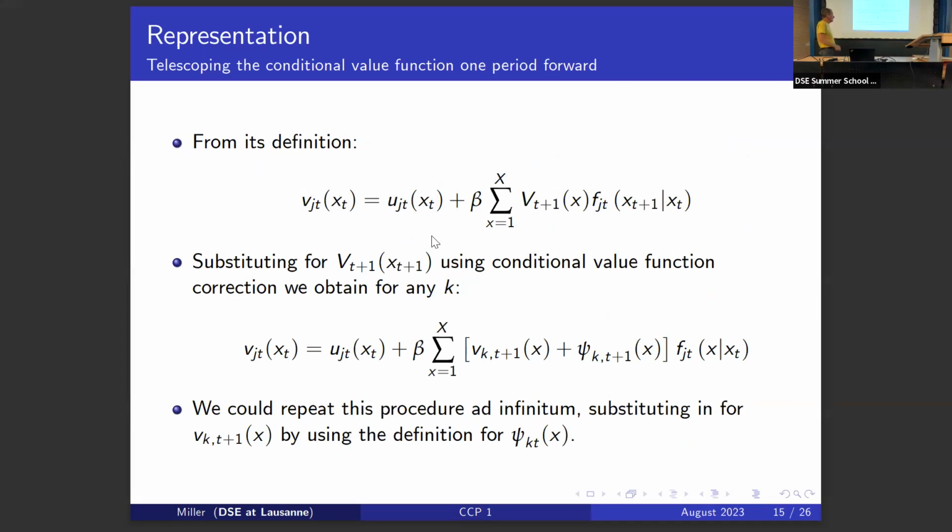So I want to now talk about why or how this correction factor is used. Start out with the conditional value function. We've already defined it as equal to the little u plus the beta of x periods b. And you can see why I'm happy to answer these questions, because here's the same formula again that I wanted to go through before. Instead of having b t plus 1, we could just say that's equal to little v k plus epsilon.